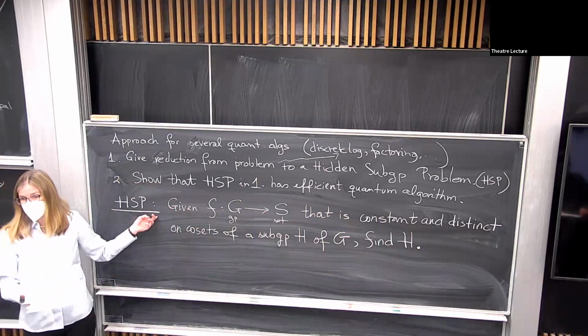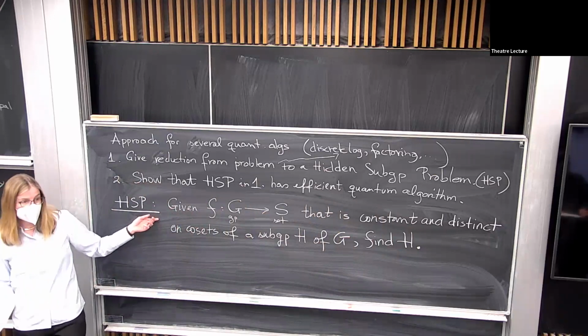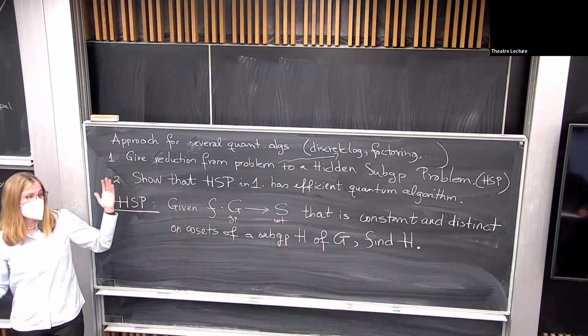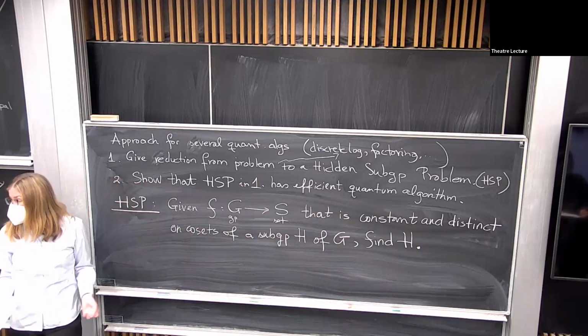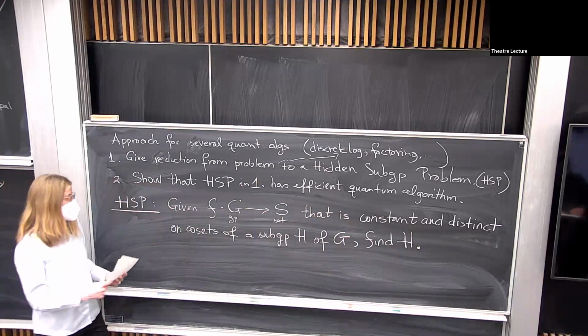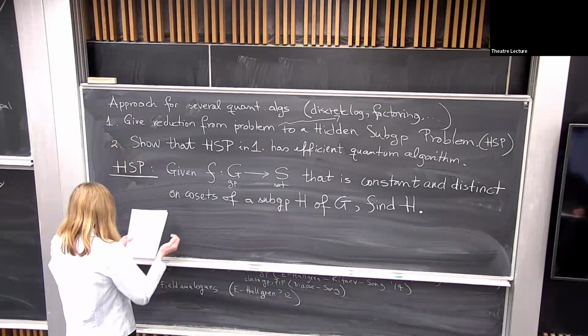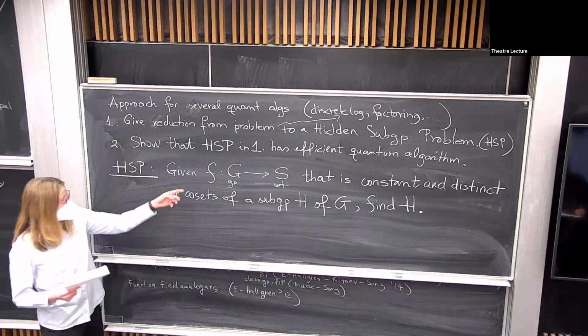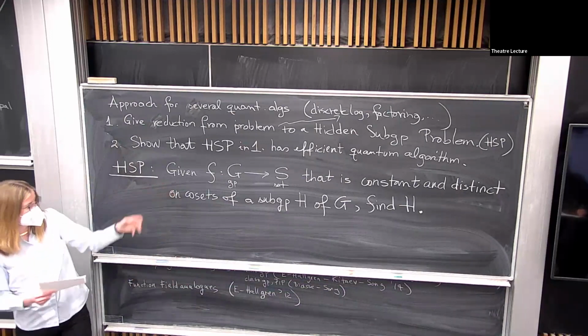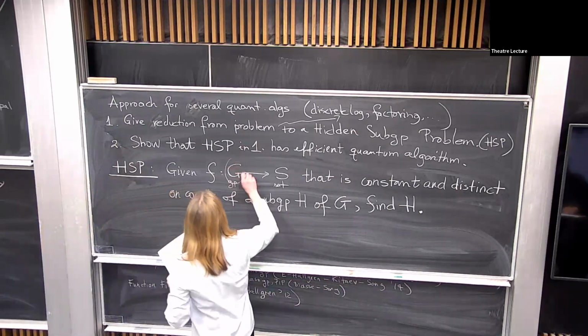So just to give an example, if you have a finite group with n elements, you want to do log n queries. And so classically, it's not known that this can be done. And really the hardness of the problem just depends on what this group is.